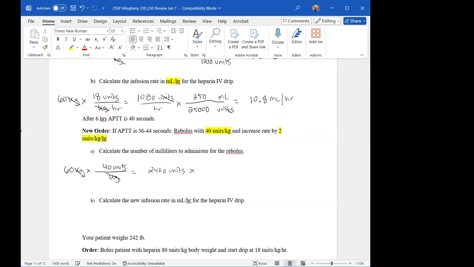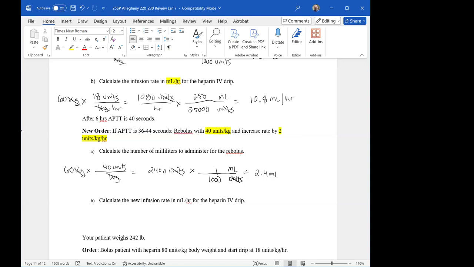Then we're going to use the bolus dose strength to convert units to milliliters. So 1,000 units per milliliter, and we get an answer of 2.4 milliliters.